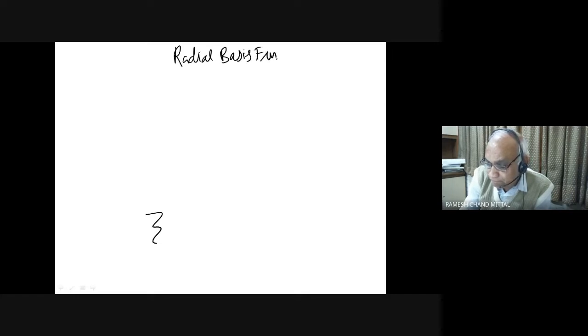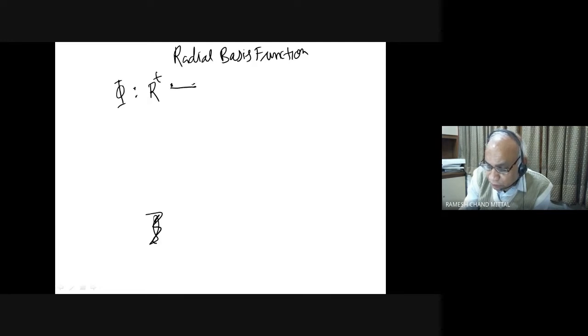So I come first to what is my radial basis function. Radial basis function is a function from R^t to R. I write it this way so that the difference can be seen by you.